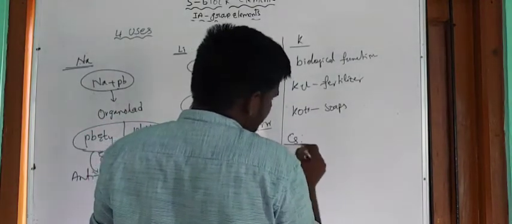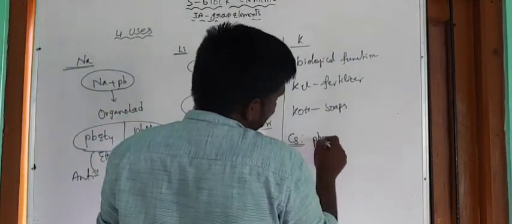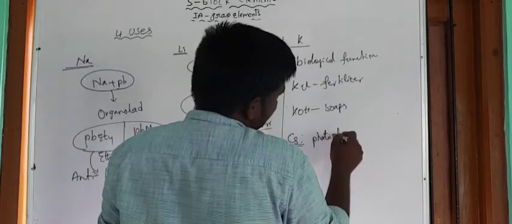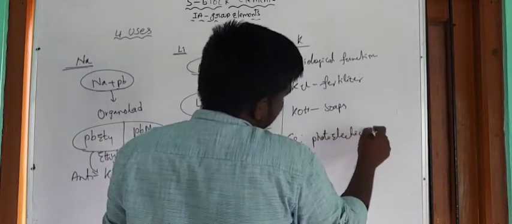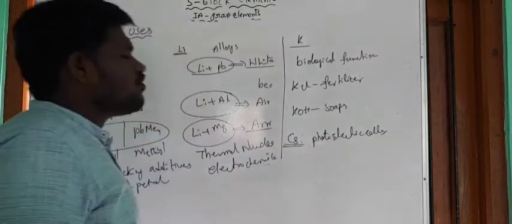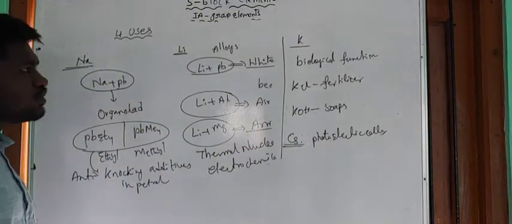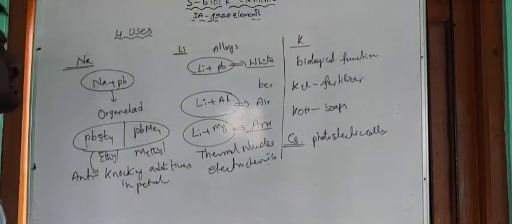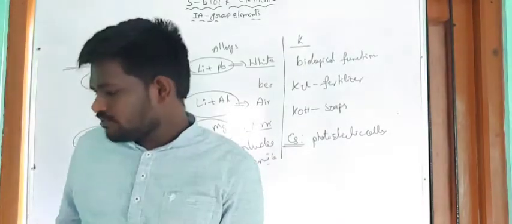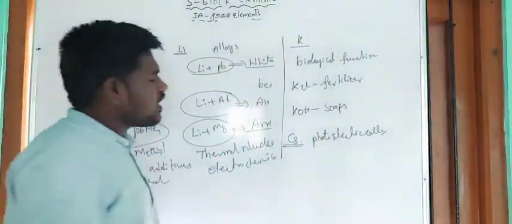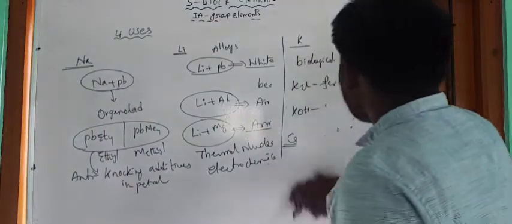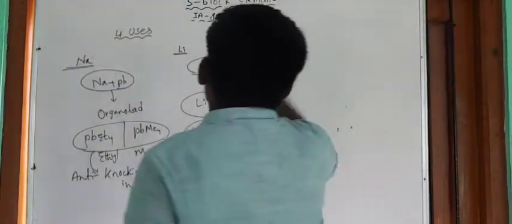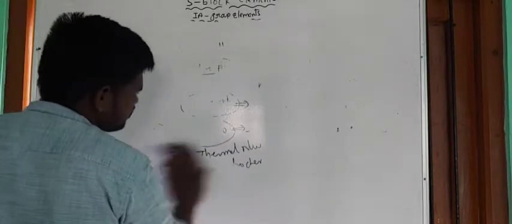So this cesium is used in the photoelectric cells. So this is about the uses of the first A group elements, guys. And next, I forgot to explain one thing: the solubility of the first A group elements in liquid ammonia.